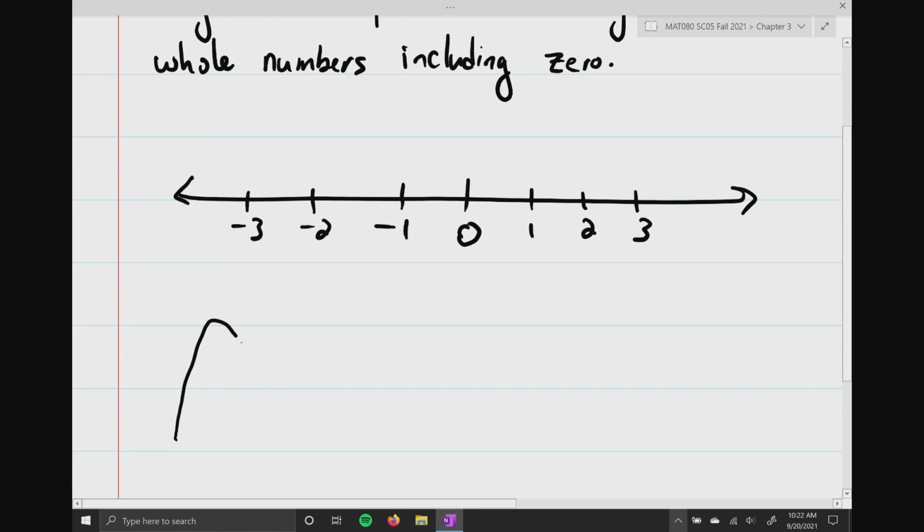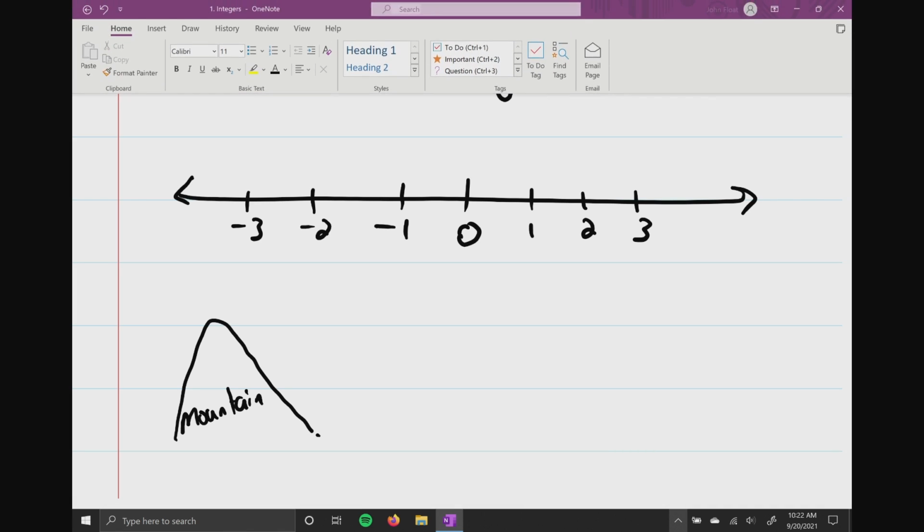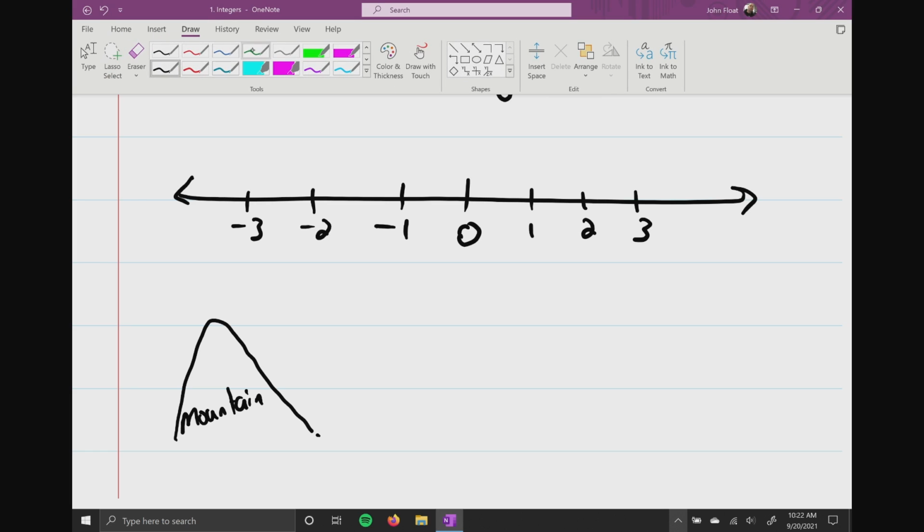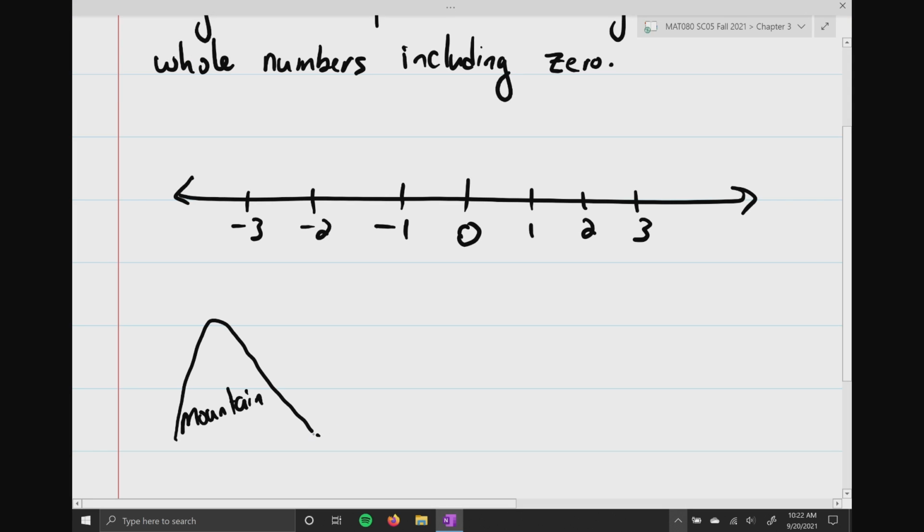In nature, you could have a mountain and then at the base of the mountain, you have water. It could be like a lake or pond, I don't know, ocean, whatever.